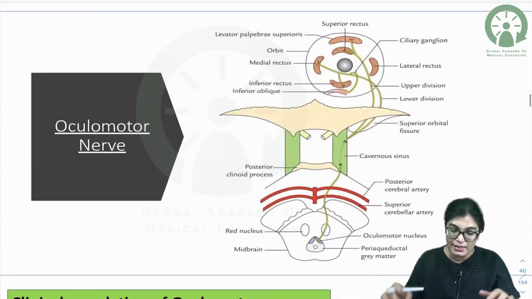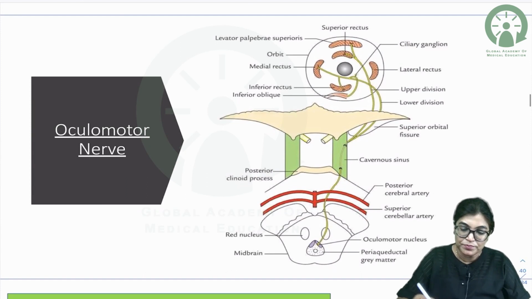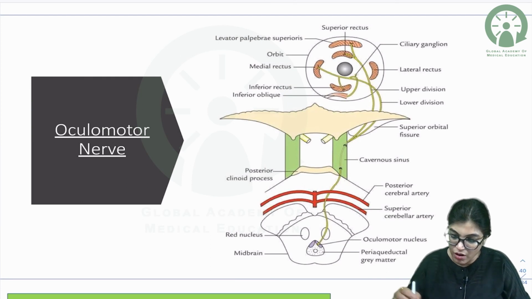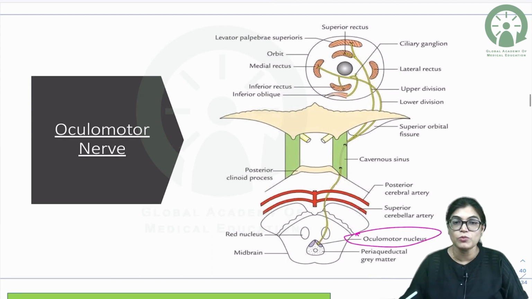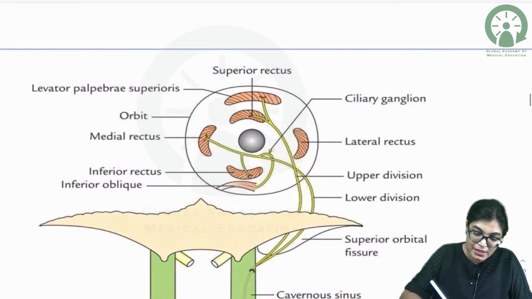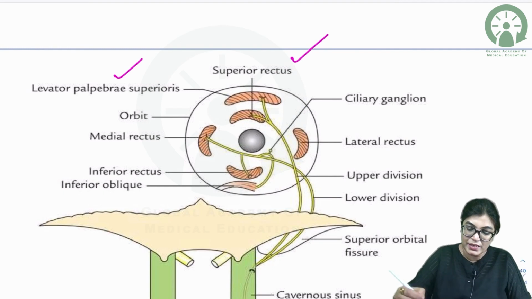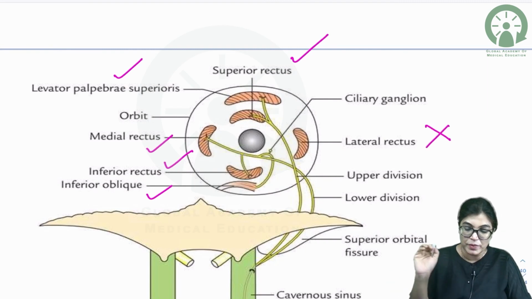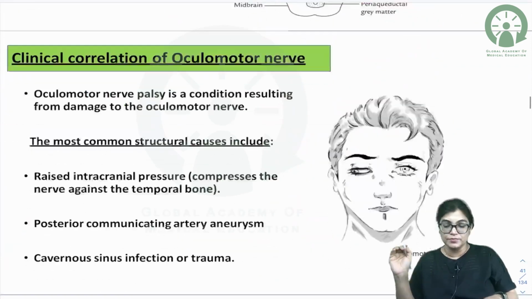You can clearly see in this diagram the oculomotor nerve arising from the oculomotor nucleus and innervating levator palpebrae superioris, superior rectus, medial rectus, inferior oblique and inferior rectus, but not the lateral rectus and not the superior oblique.